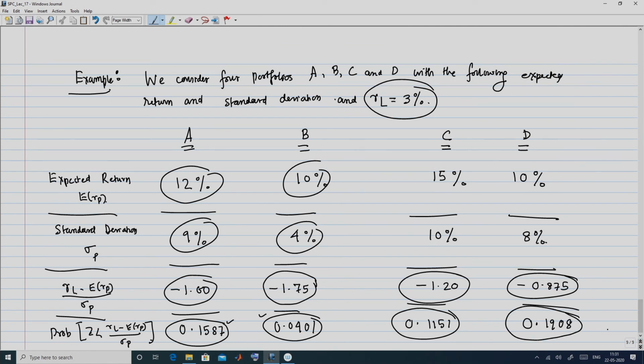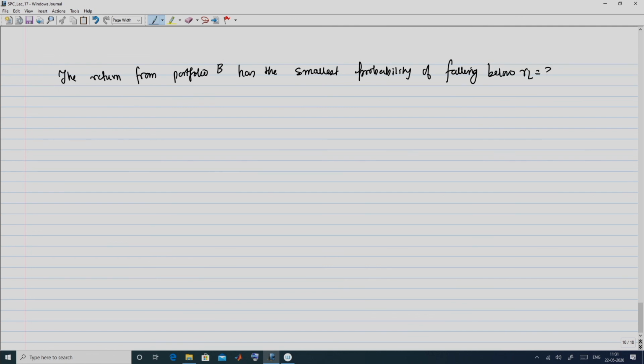Okay, so now you remember that the Roy's safety criteria basically means that we look for the minimum of this probability, and the minimum is going to be this one. So, accordingly I can write that the return from portfolio B has the smallest probability of falling below R_L equal to 3%.